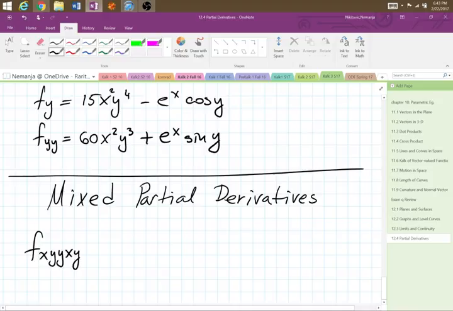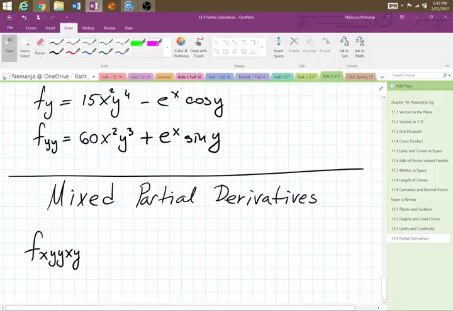This is a fifth derivative, actually. But when you look at this, the first derivative you take is with respect to x. Then the second one, whatever result you get, you take with respect to y. Then another one of y, then of x, then of y. So mixed partial derivatives would look like this.